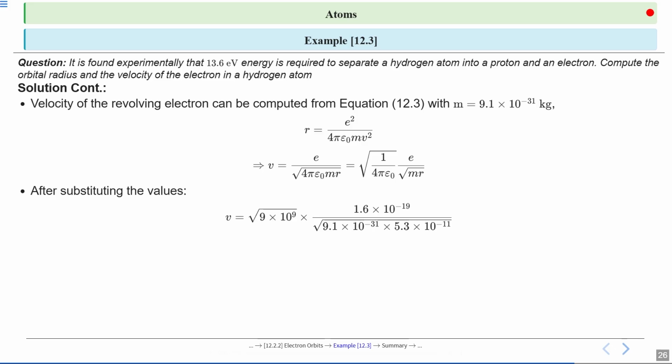R is Bohr's radius, which we calculated in the previous slide: 5.3 times 10 to the power minus 11. After solving it, we find the electron velocity is about 2.1 times 10 to the power 6 meters per second. That's over 2 million meters per second.